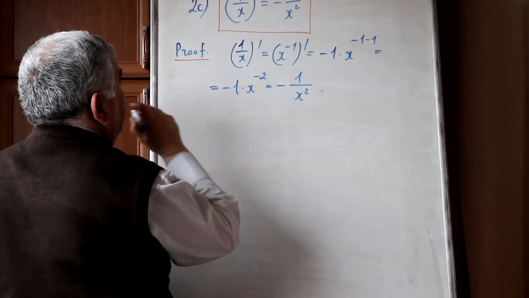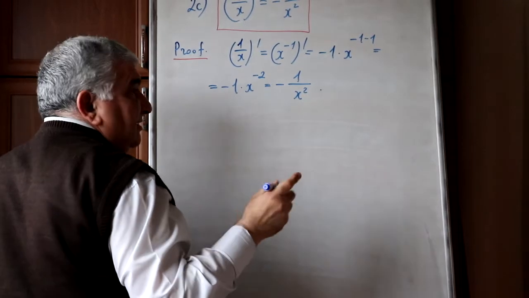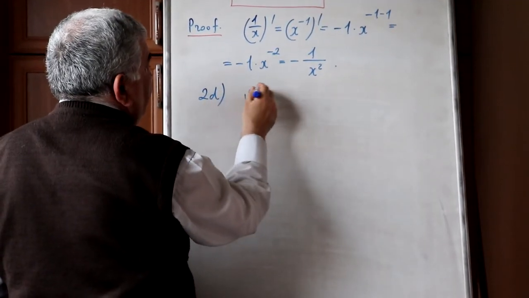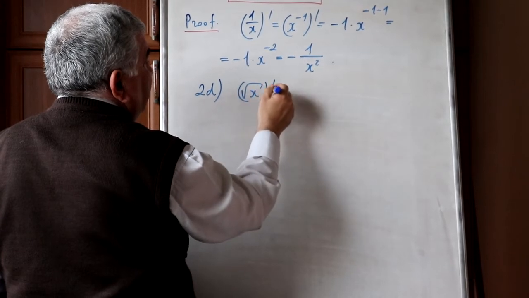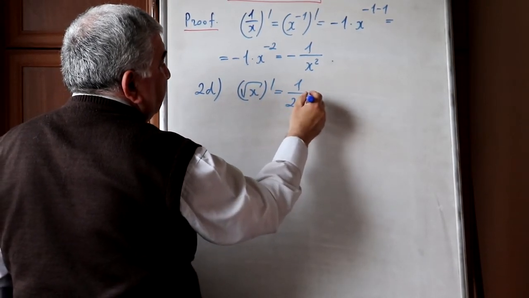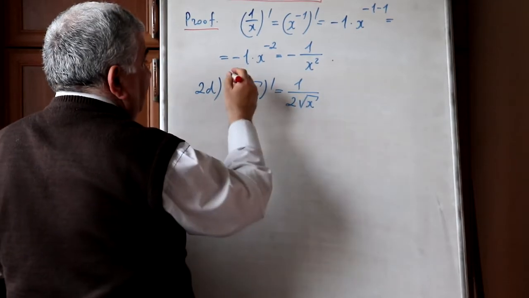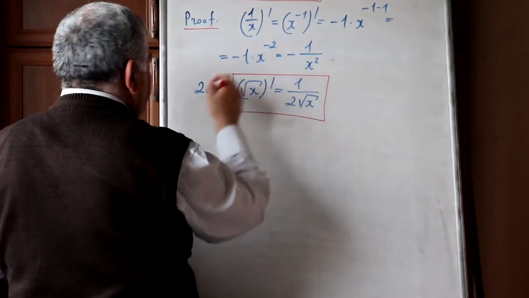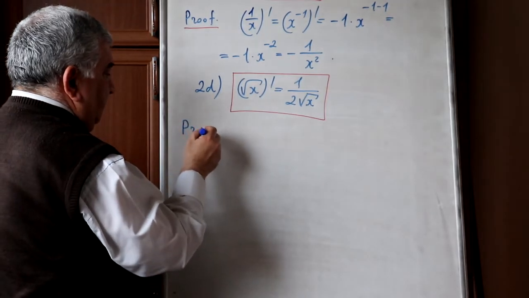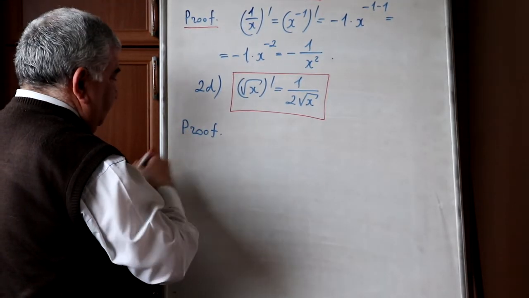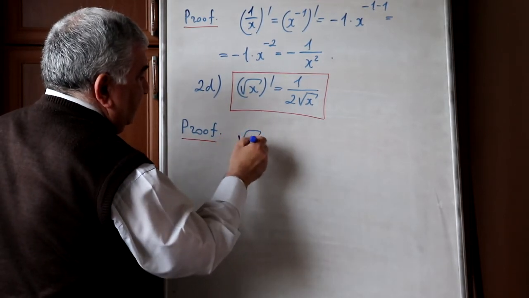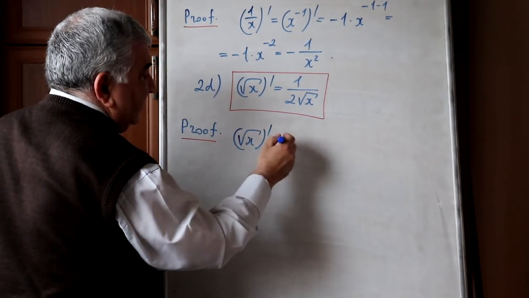And finally write the last particular formula, 2d: square root of x prime is 1 over 2 square root of x. And prove also this formula. Proof. Square root of x is x raised to 1 second.